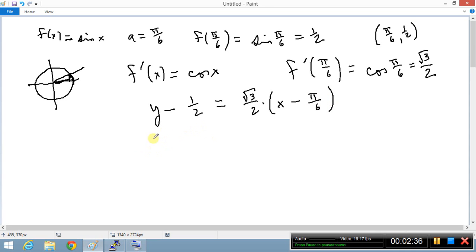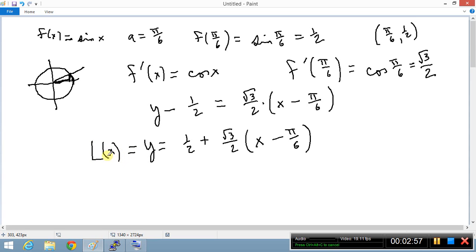So if we write this in the y equals form, y equals 1/2 plus square root of 3 over 2 times x minus pi over 6. That's our y equals, and then that is our linearization.